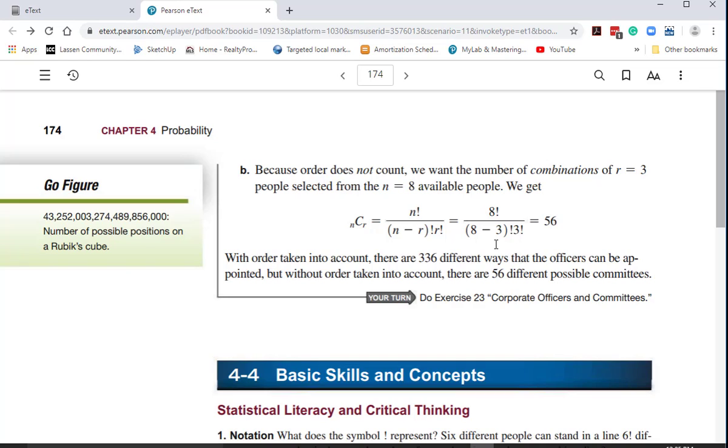This one. Right? This is going to be a larger set than this one. Do you agree? Because we're not dividing by R factorial. Okay. So when order doesn't matter, you would expect the subset of these things to be smaller. So this is where order doesn't matter. And this is where it does.